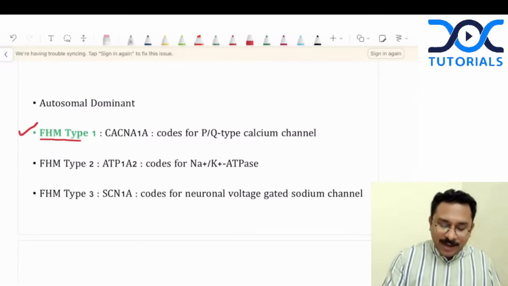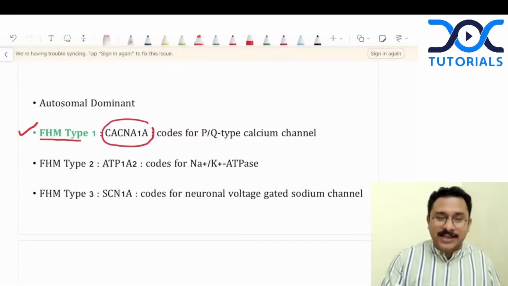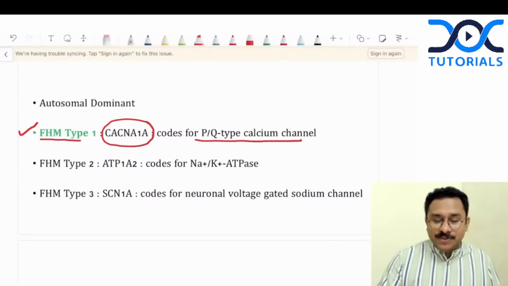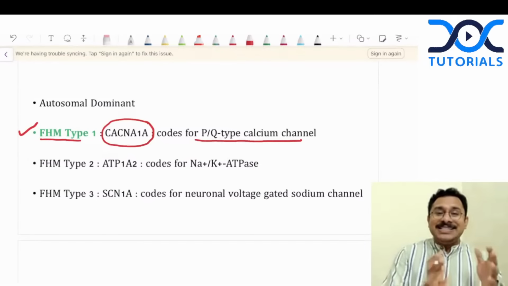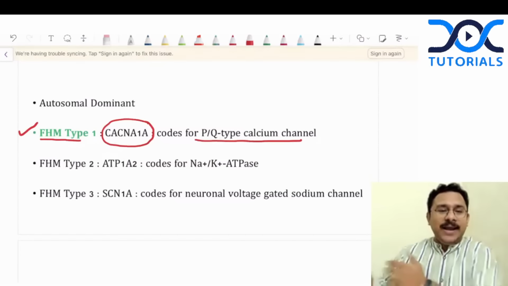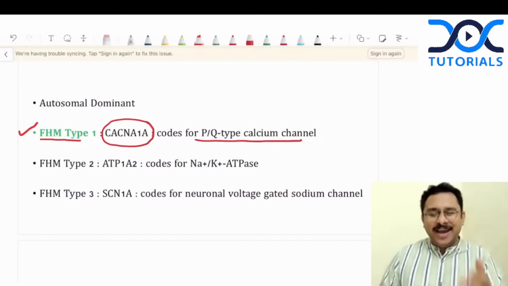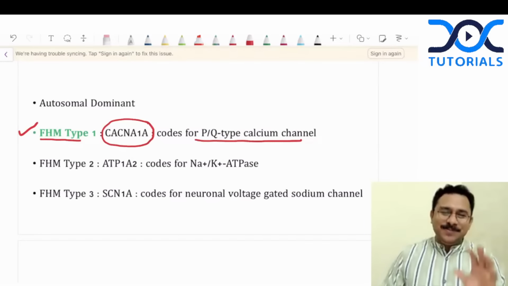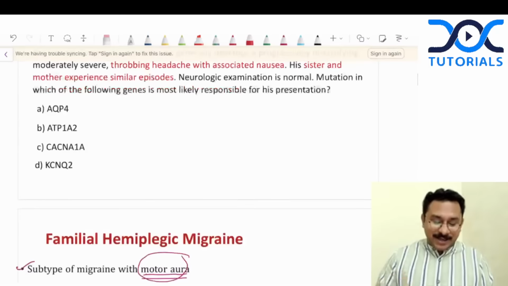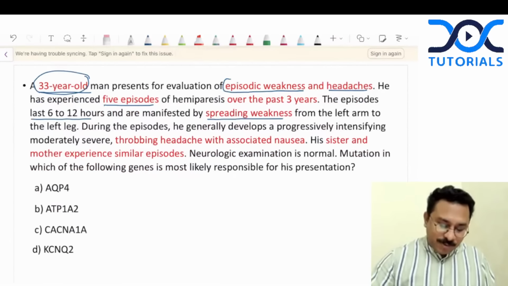FHM type 1, the gene is a calcium channel gene. This is coding for the P/Q type of calcium channel, CACNA1A. That's the gene. FHM type 2, type 3, ATP1A2, SCN1A are the other genes, but at least remember about the calcium channel gene, and the answer is option C.